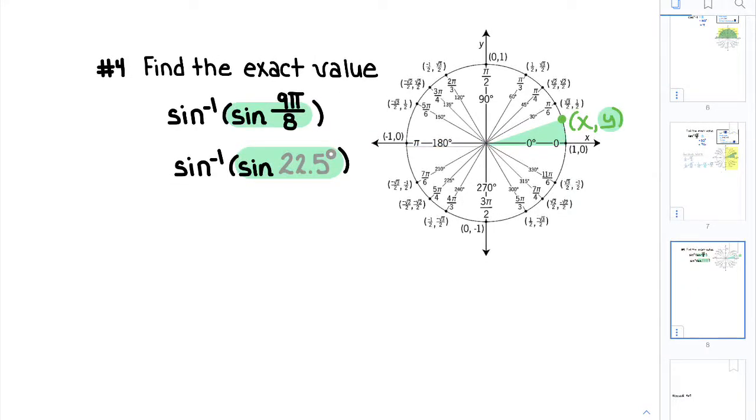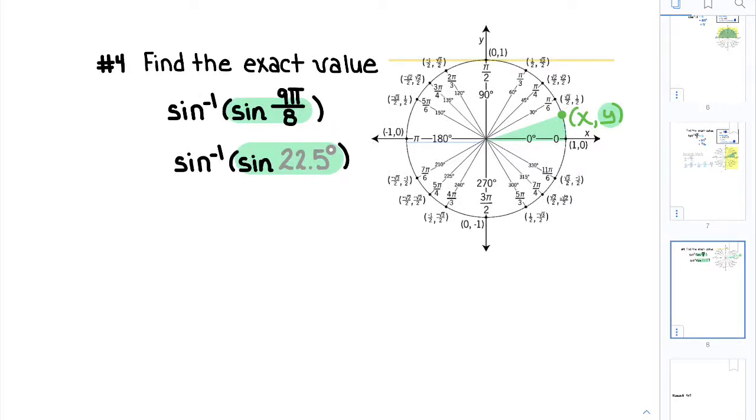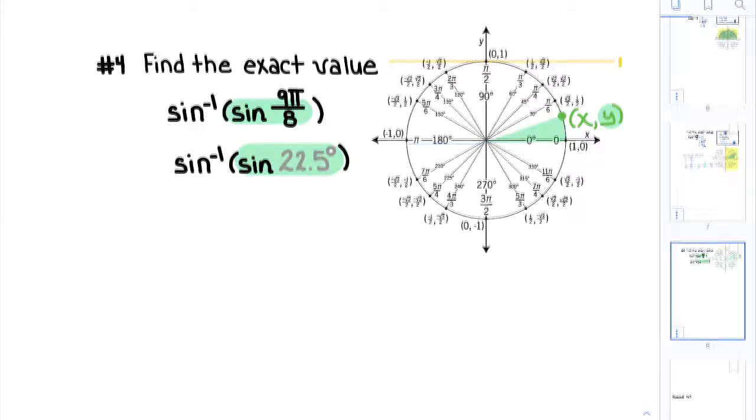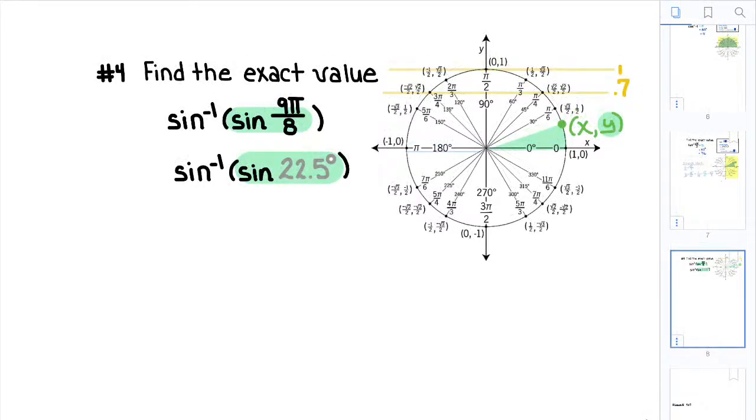This is a unit circle. So since it's a unit circle, from the x-axis all the way up to this first yellow line that I'm drawing is a distance of 1. And then at 45 degrees, the y-coordinate is root 2 over 2, which is about 0.7.